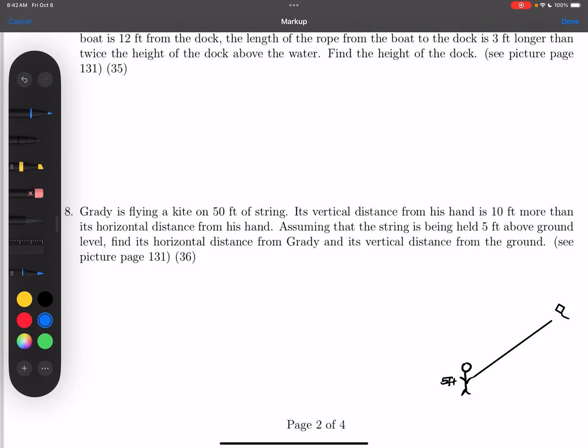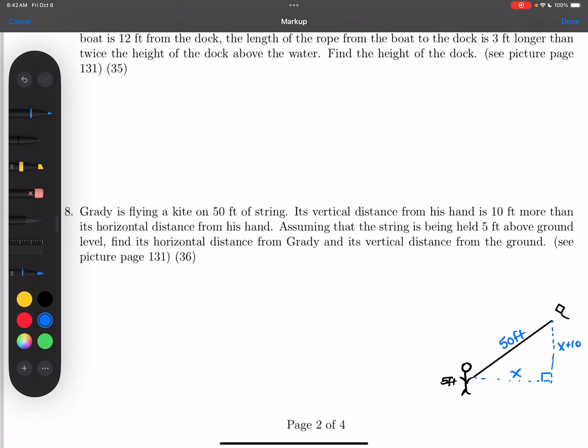They tell you that that's a right triangle. They tell you that this side is x plus 10 and the bottom is x. And then that this is 50 feet. All right, so they give you the picture for it. So anyways, that's why I wanted to give you that before we read the problem.